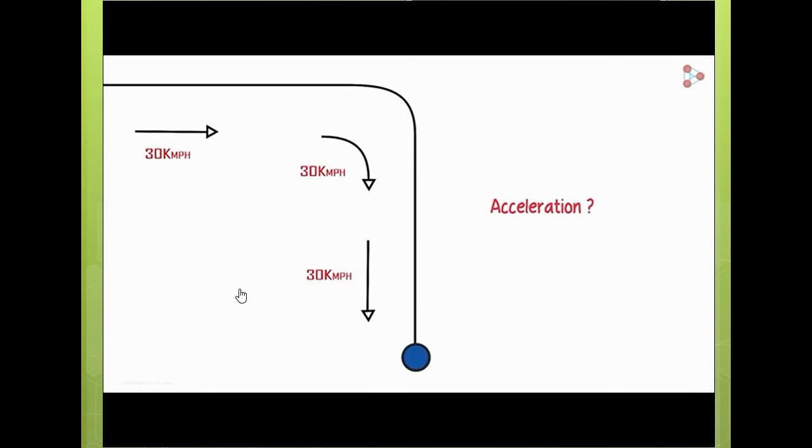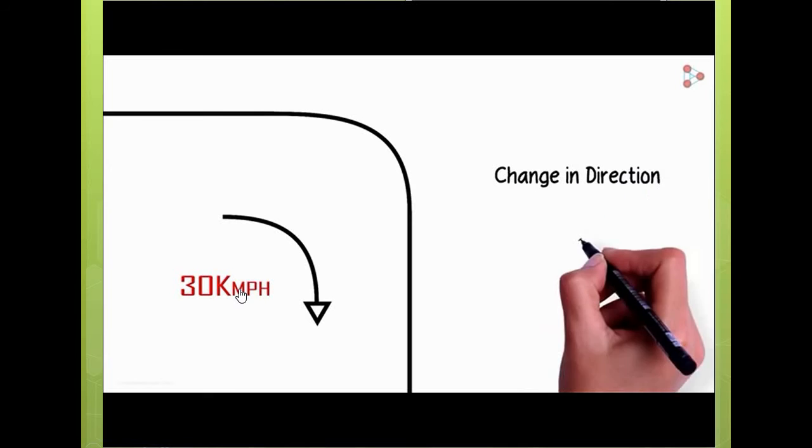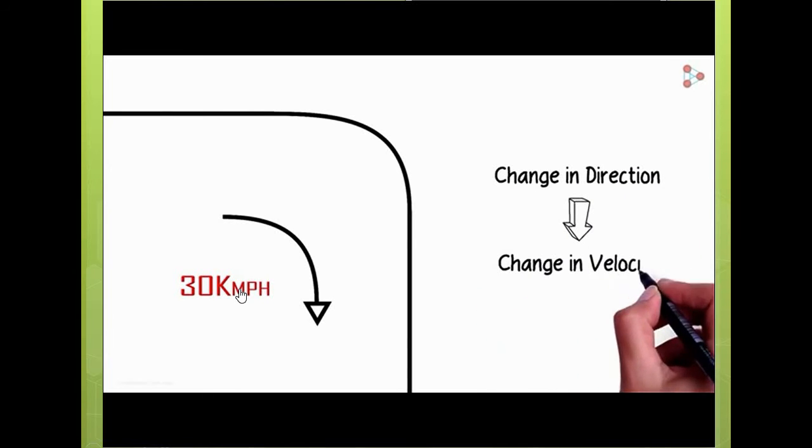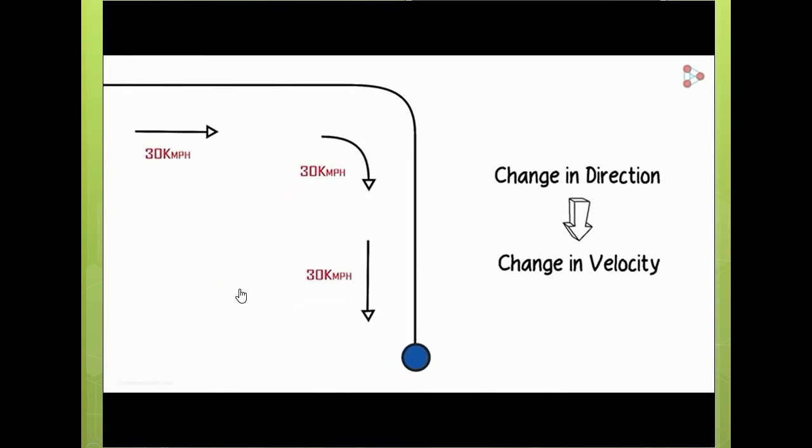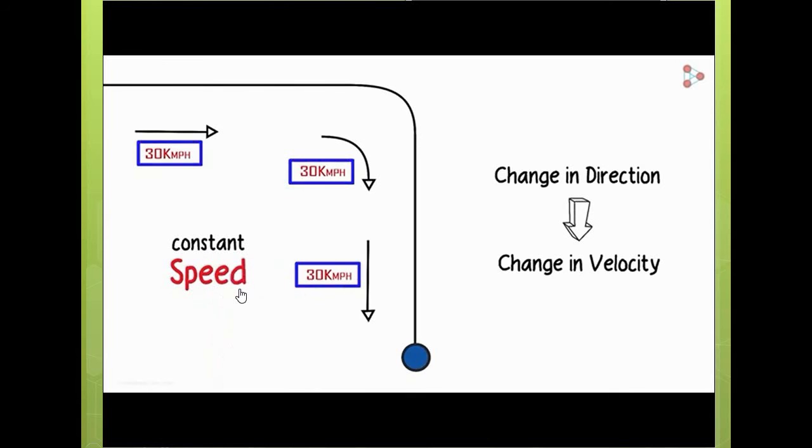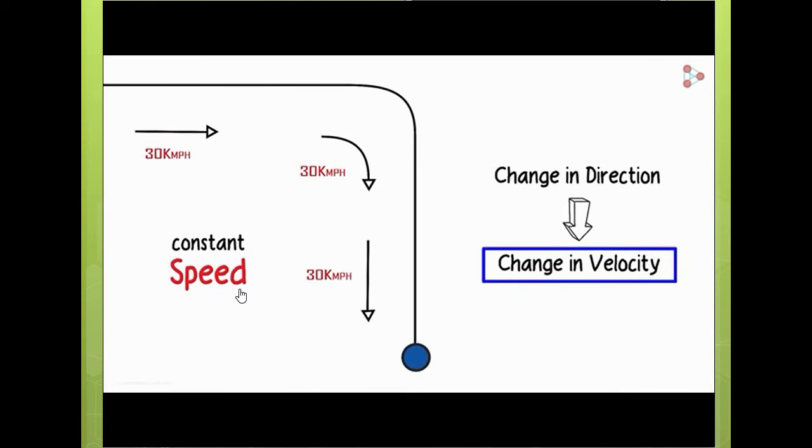Will there be acceleration in this case? The answer is yes. As the direction is changing, the velocity will also change. The only thing constant in this example is speed, but the velocity changes as the direction changes. So this was the most important concept you had to know about acceleration. It will exist only when there is a change in velocity.